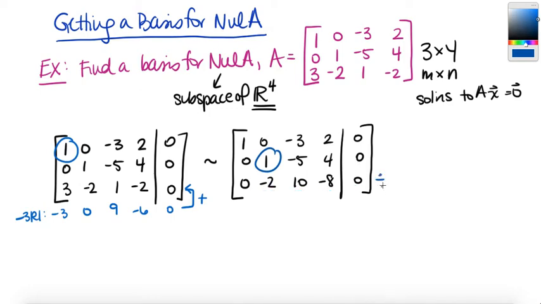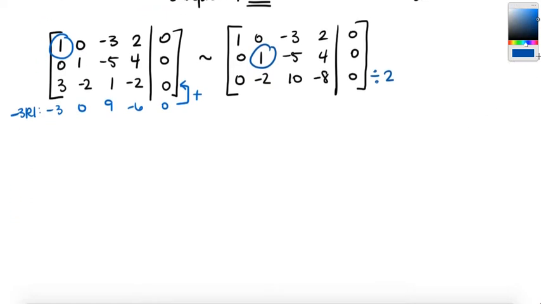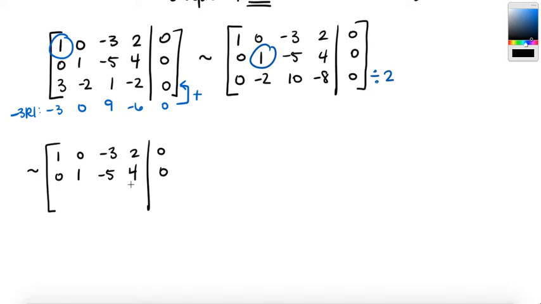So let's take that row. I guess let's not divide by -2. Let's divide by +2 and see what we end up with. So first row stays the same. Second row stays the same.